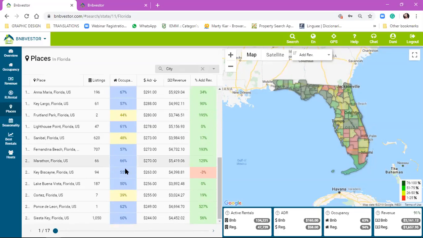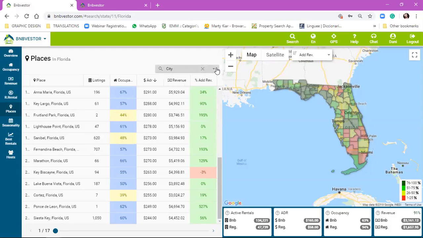If we scroll down in this first page, we can see Siesta Key. It has an average daily rate of 244. We have Lake Buena Vista in 256. You can even consider Sanibel with 620 listings in $273.